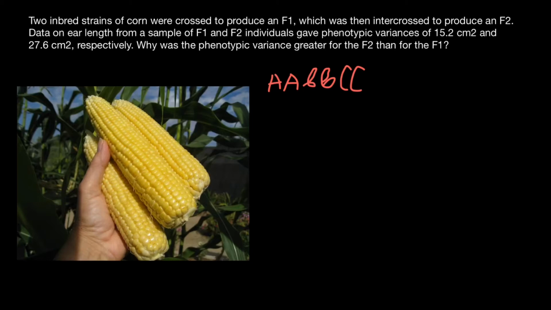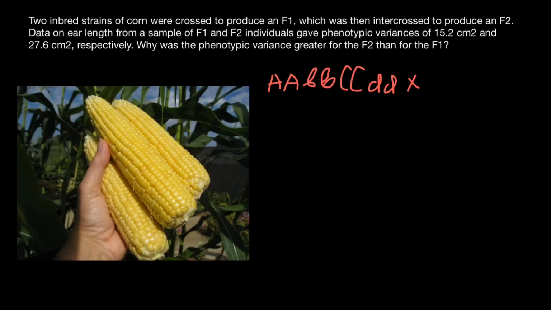Now let's say for the gene D, this plant is going to be homozygous recessive. And now we cross with another parent. Another parent also is going to be a representative of an inbred but different line.